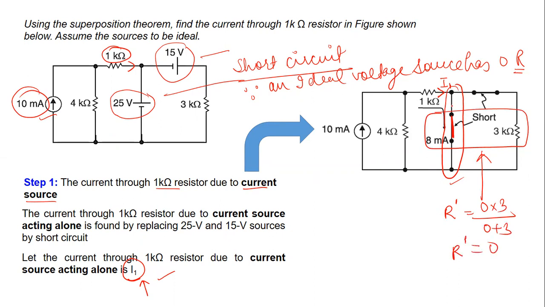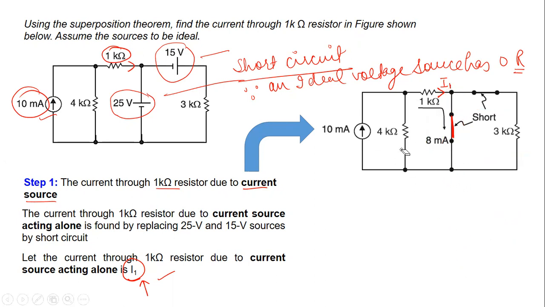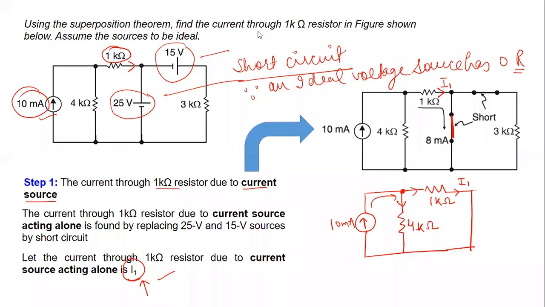What does it mean? It means that these two branches are acting as a short branch. So we can redraw this circuit again like so, taking the parallel combination of these two branches.